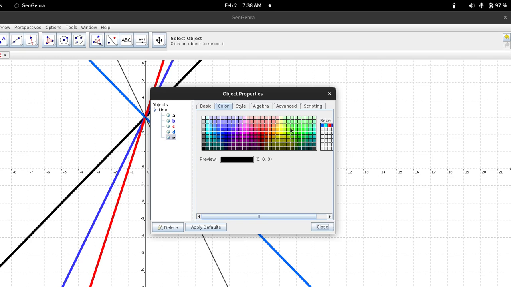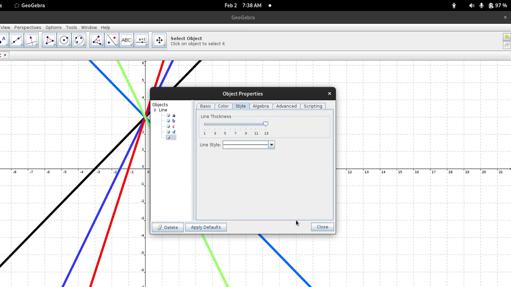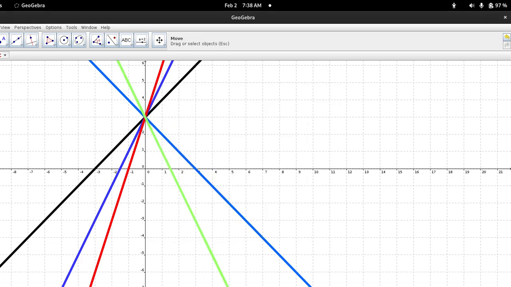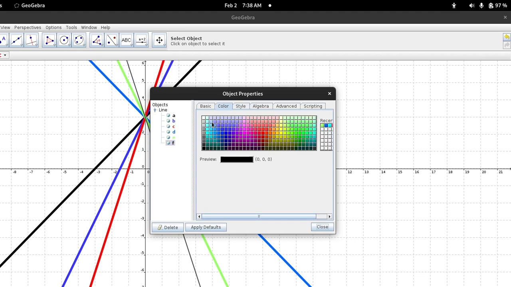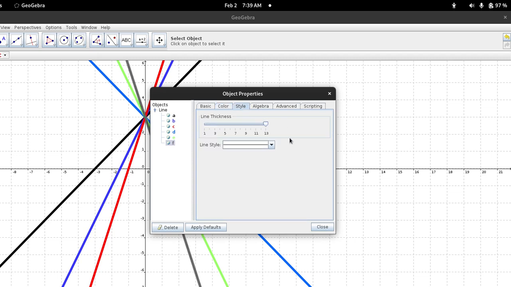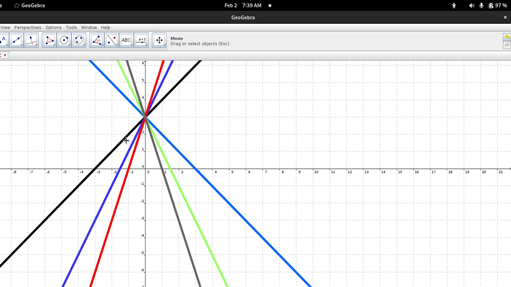I want various colors for them. Then we have one more, y equals negative 3x plus 3. So we have this one here. So we have various lines, various straight lines referred to as curves.